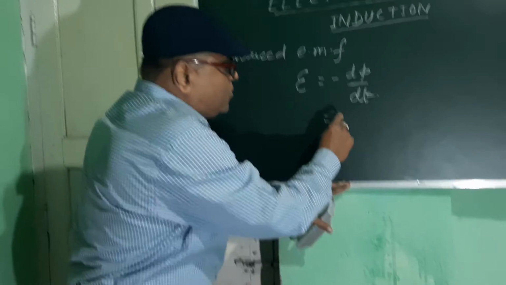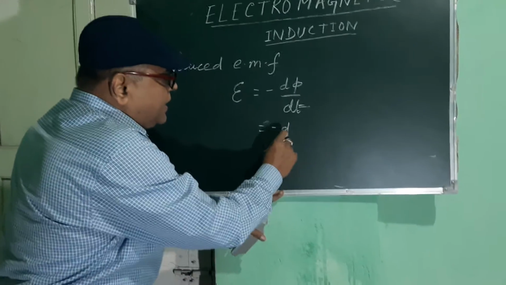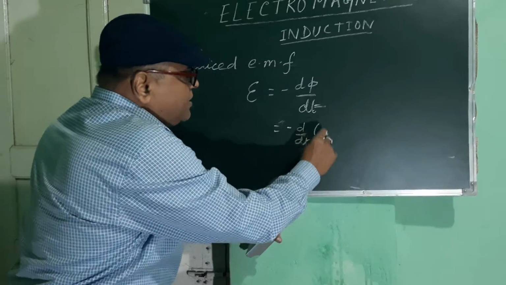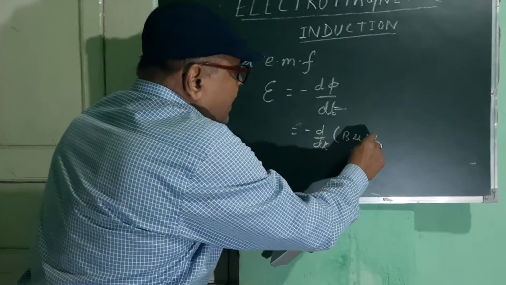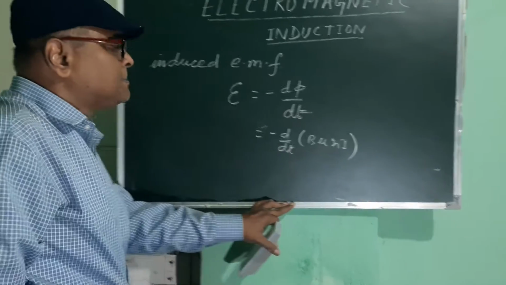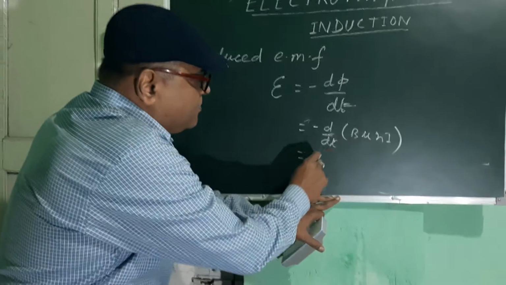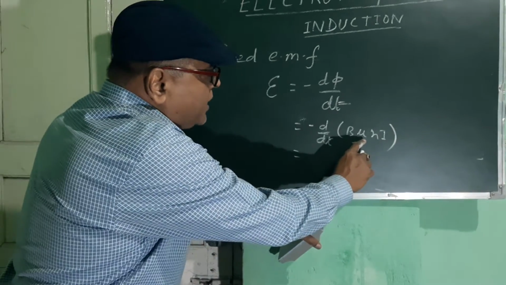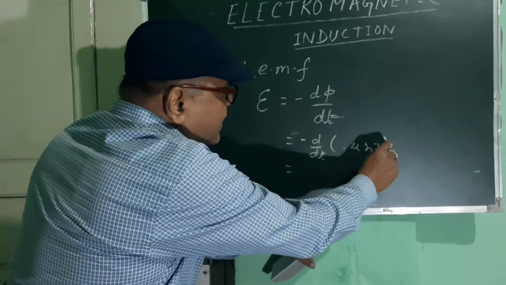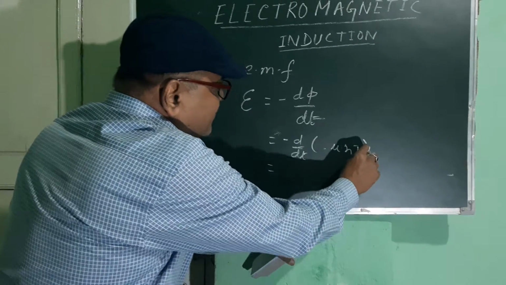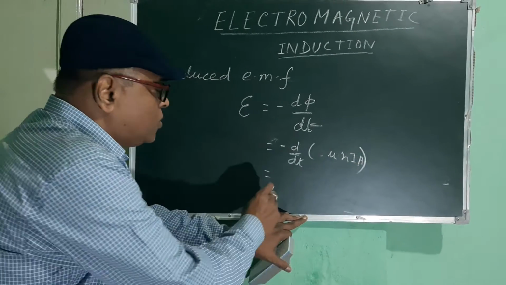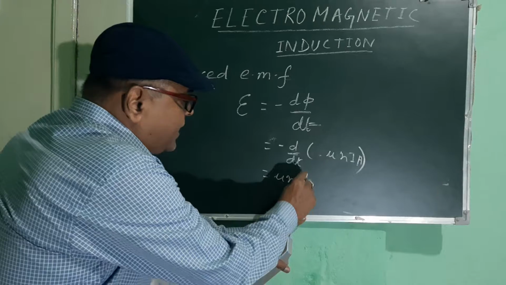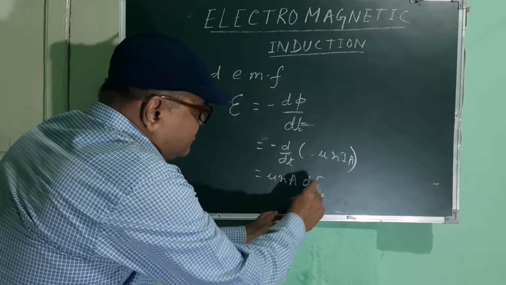Now, when we put minus d by dt of phi, where phi is equal to B A, that is mu 0 n I A, the flux phi for a solenoid. So if mu 0 n A is constant, then we have di by dt.